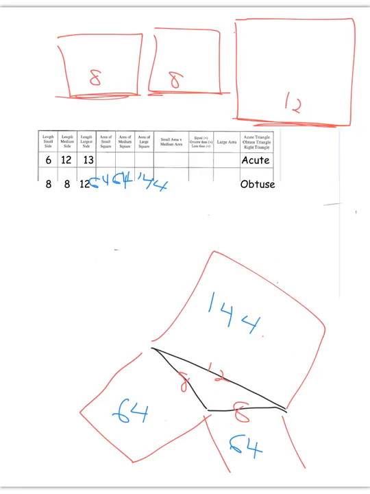Again, I apologize for the messiness, but it's not exactly easy to write using an iPad. So if I add the area of the small square plus the area of the medium square, 64 plus 64, I get 128.